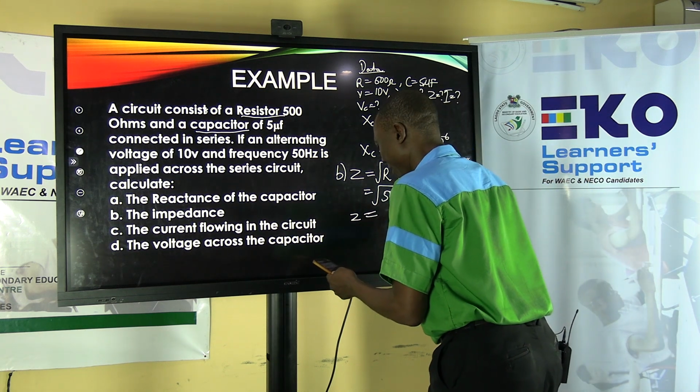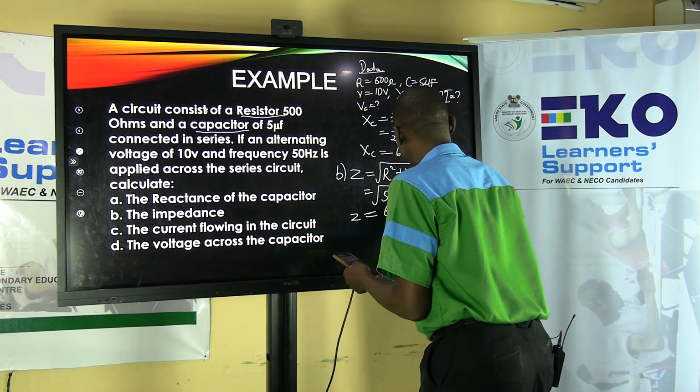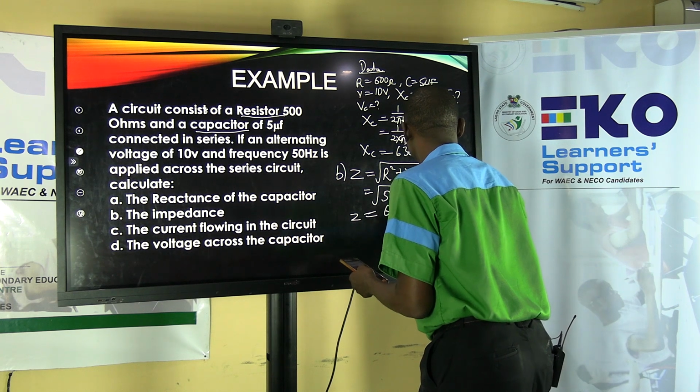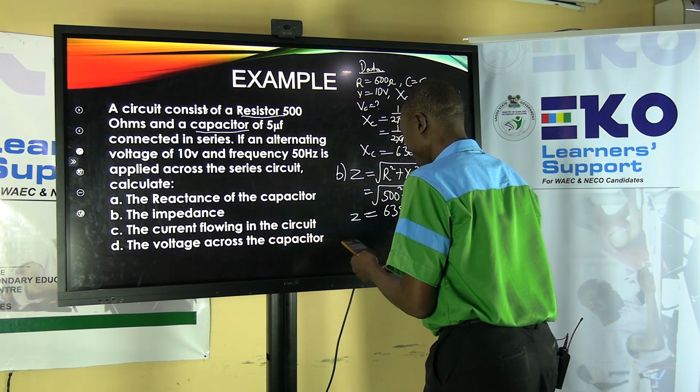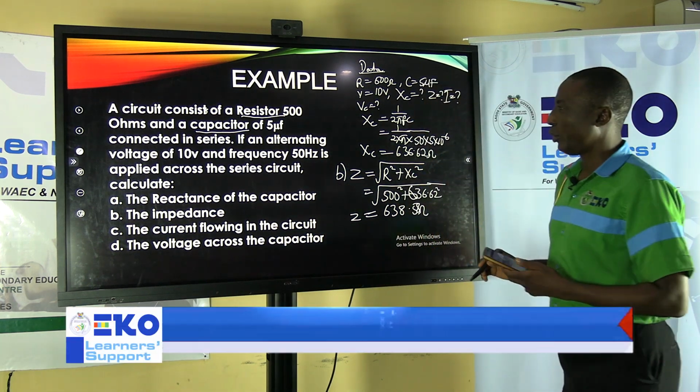So impedance is 638.58 ohms. 638.58 ohms. So we've done justice.